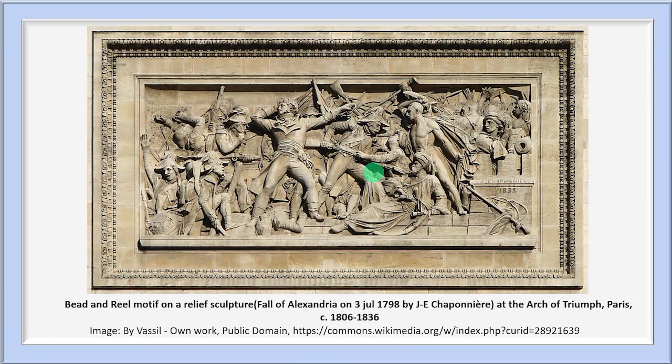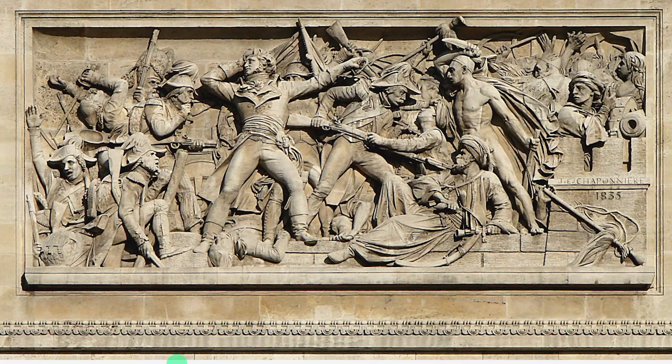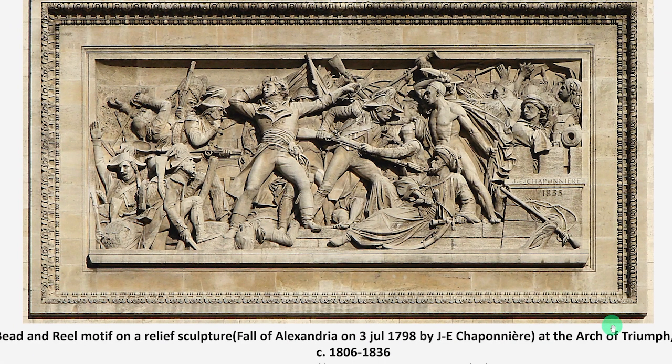Then this is bead and reel motif on a relief sculpture that is called Fall of Alexandria on 3rd July 1798 by J. Championnet at the Arch of Triumph, Paris. This border around it, bead and reel motif.